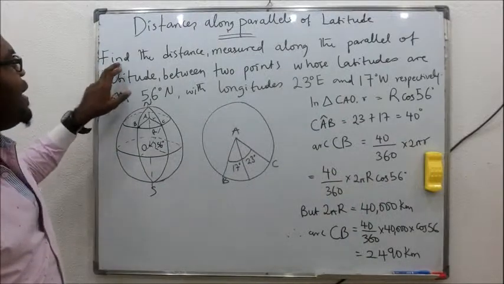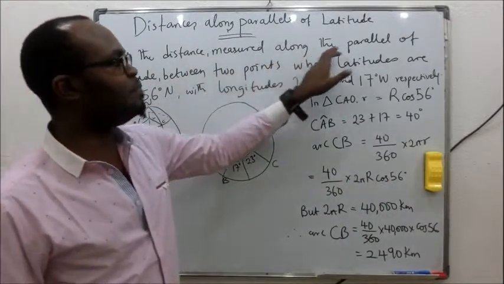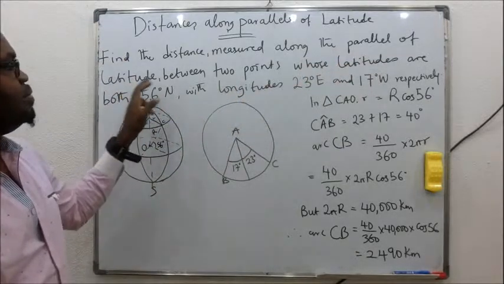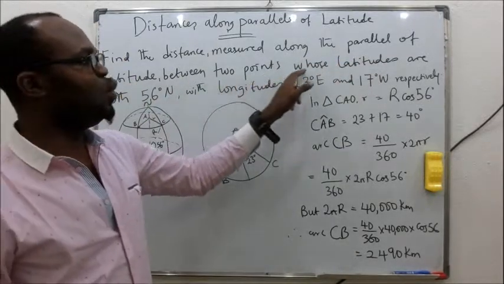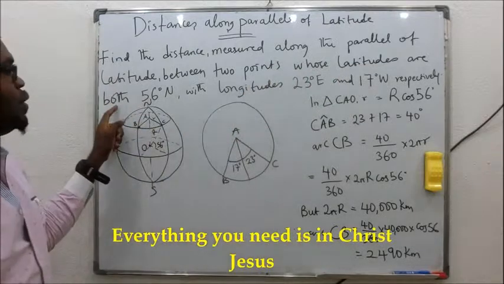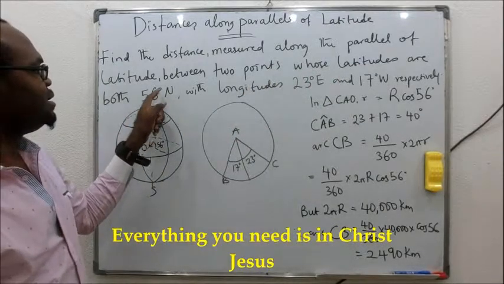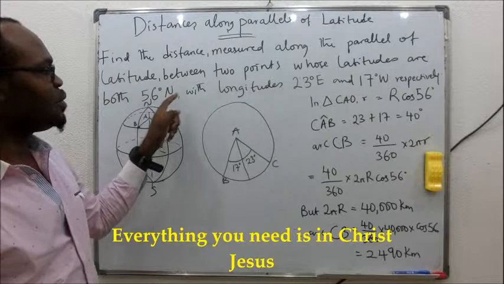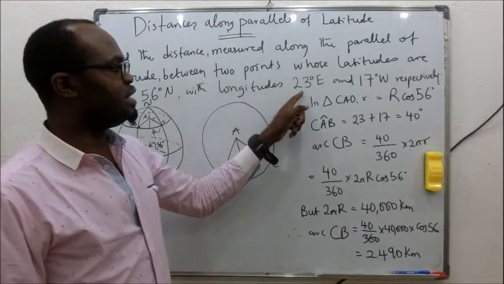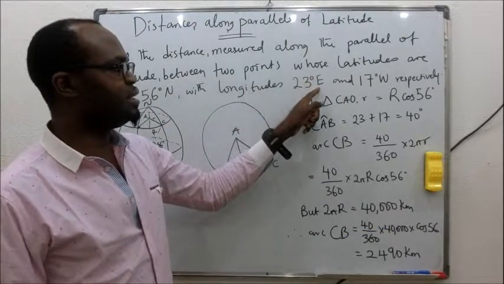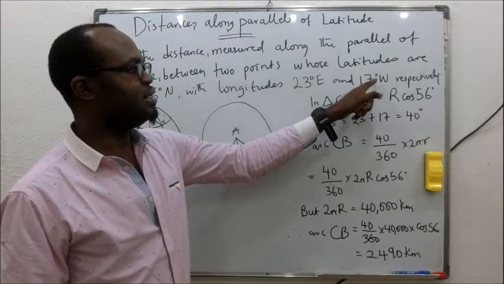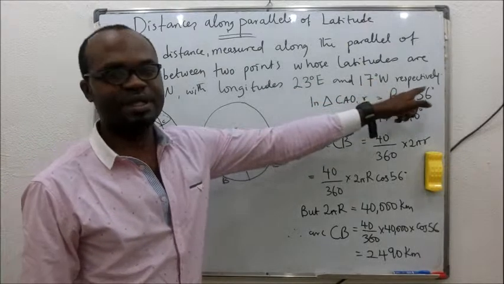Find the distance measured along the parallel of latitude between 2 points whose latitudes are both 56 degrees north, with longitudes 23 degrees east and 17 degrees west respectively.